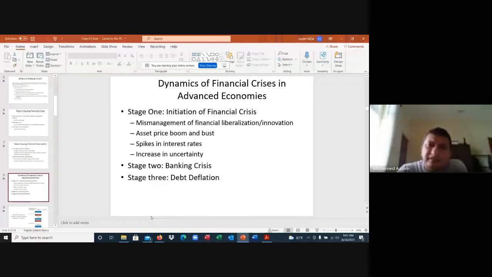The initiation of the financial crisis in advanced economies was to some extent pinpointed to financial innovation and financial liberalization. It's good, but to some extent, there was mismanagement.